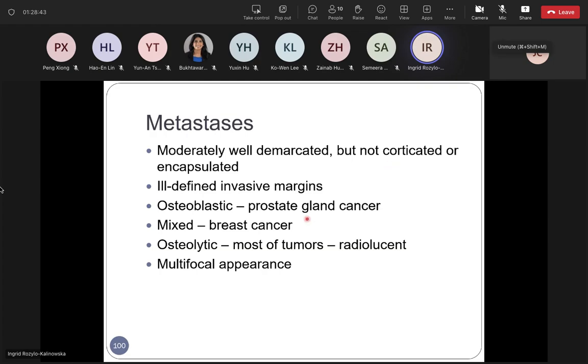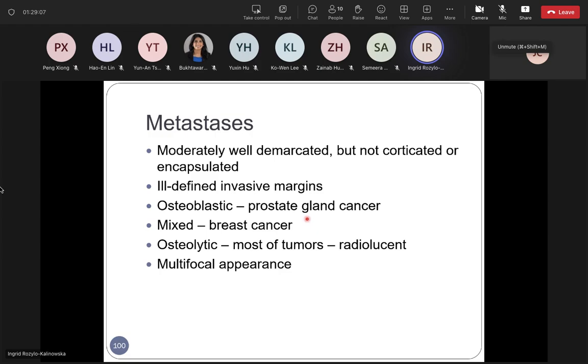So in the bone, it's rather ill-defined, not corrugated, not encapsulated, and the tumors that promote bone formation are mostly prostate gland cancer, and they are osteoblastic, they stimulate bone formation.